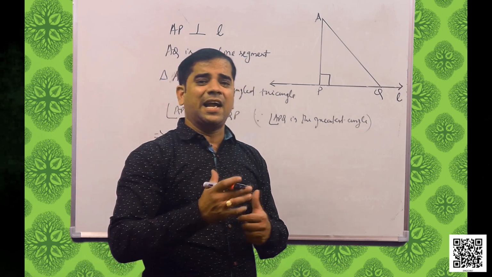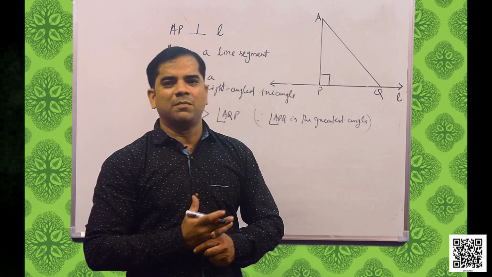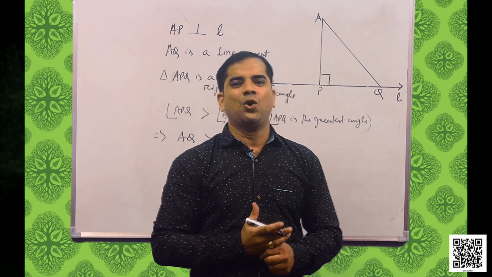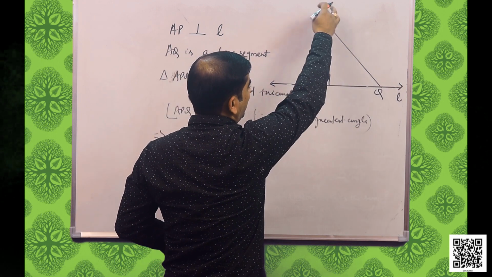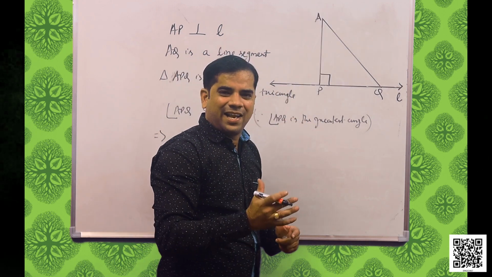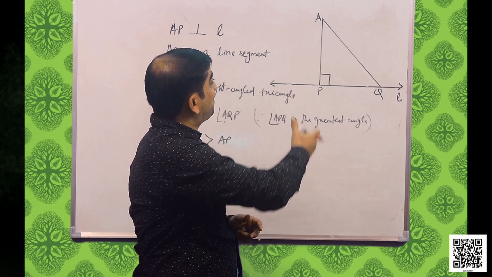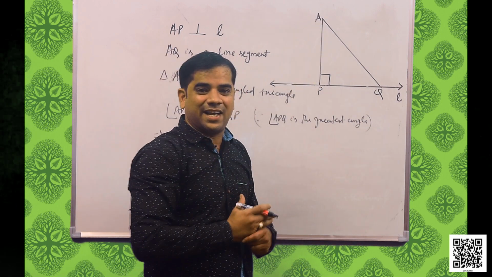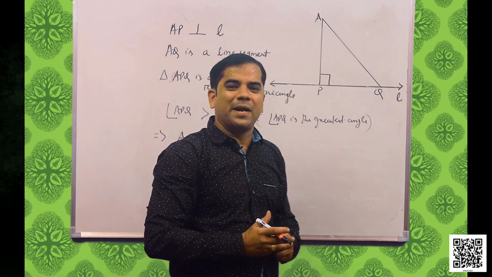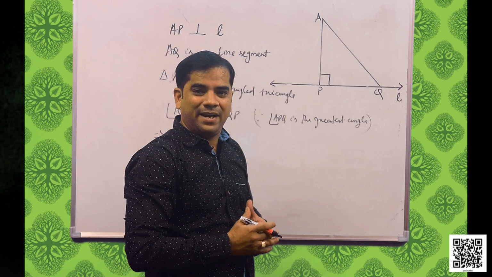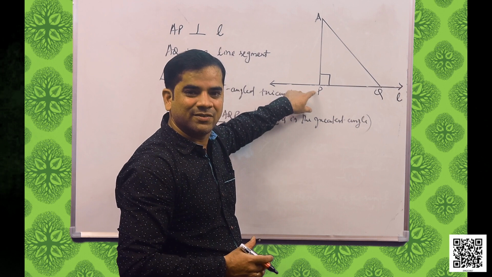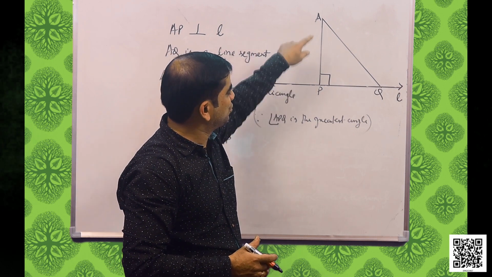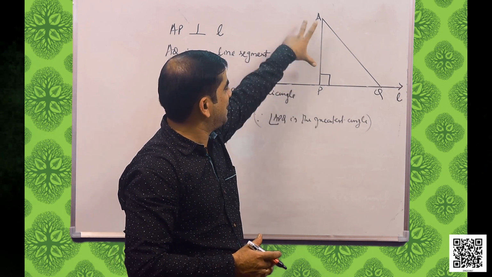Hence, any line segment AQ from point A to the line L is greater than the perpendicular, that is AP in this case. The perpendicular line segment AP from point A to the line L.